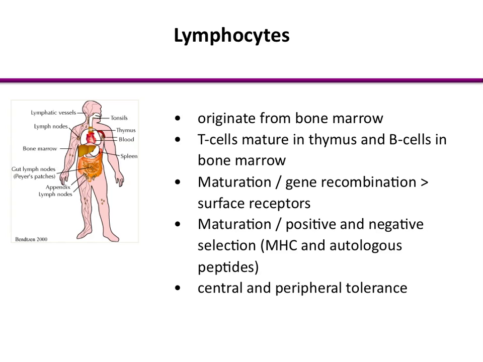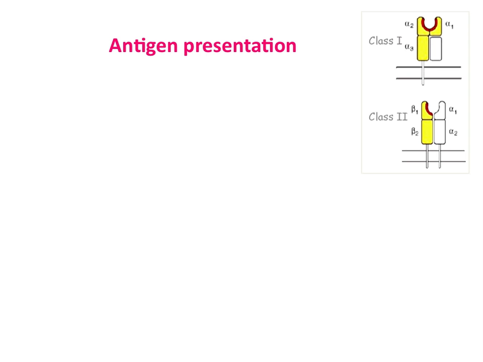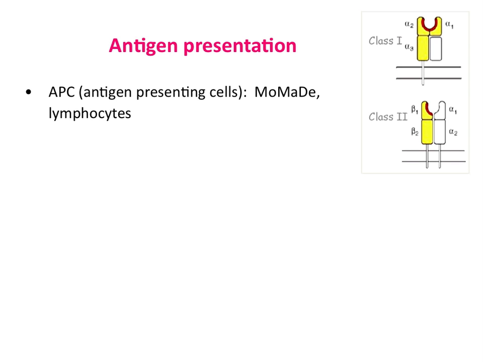And then there needs to be central and peripheral tolerance, and that's basically defined by the maturation. Antigen presentation is important. That's really the key to crosstalk between innate and adaptive immunity.